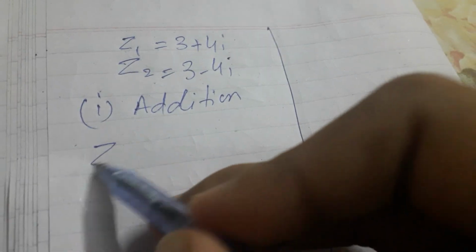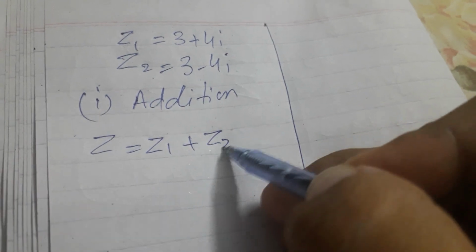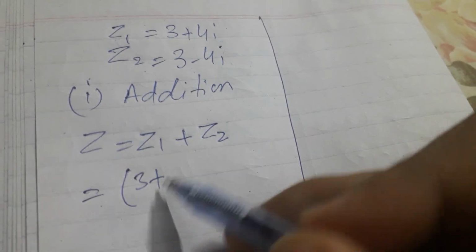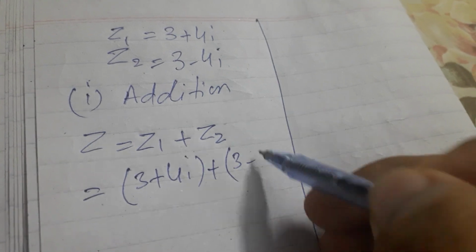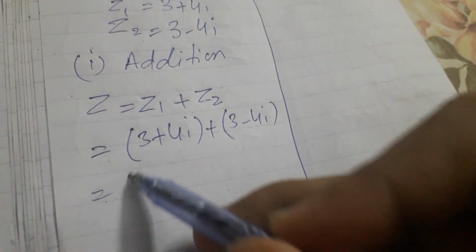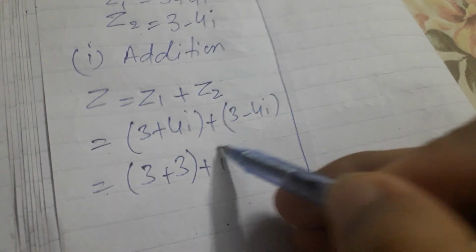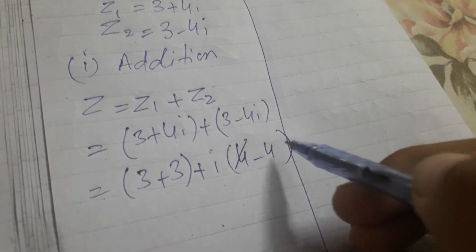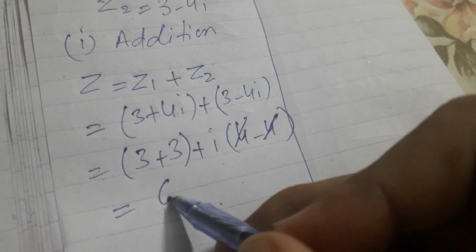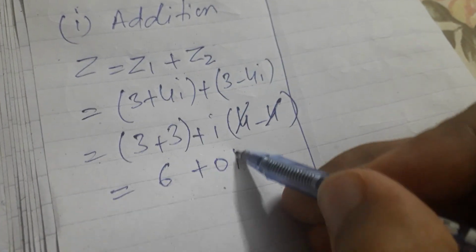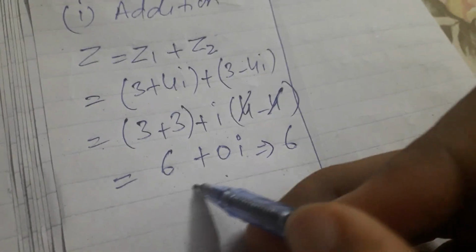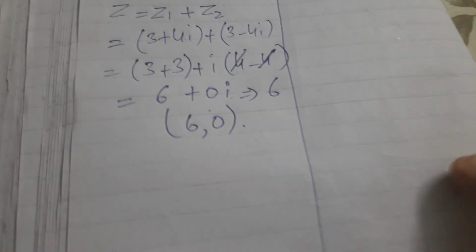To add two complex numbers, which is so simple, write the two numbers, add their real parts with each other and the imaginary parts with each other. We will get 6 plus 0 iota, or we can write it as 6 comma 0. So addition is simple.